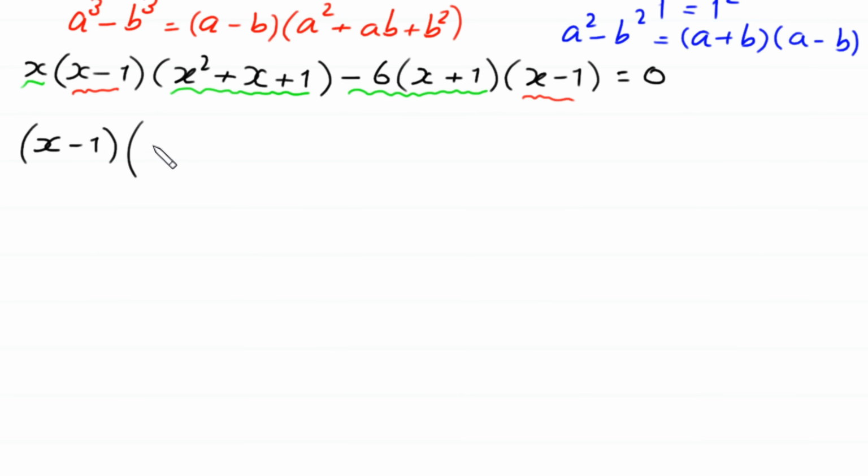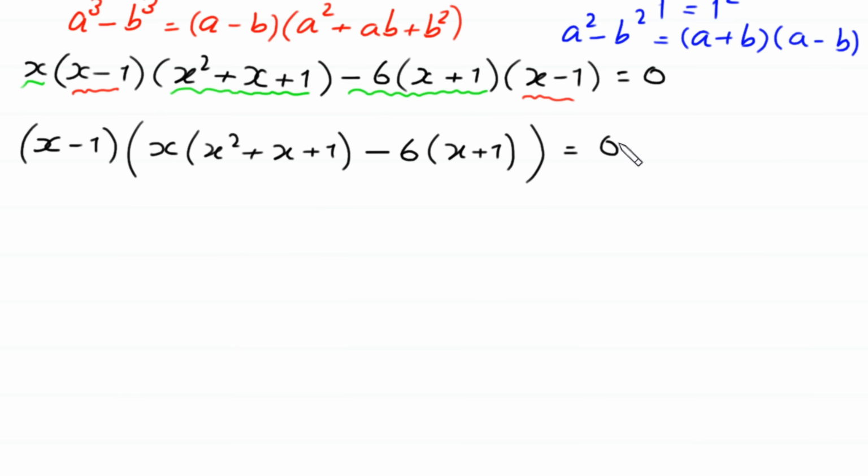In bracket, x times x squared plus x plus 1 and minus 6 times x plus 1 is equal to 0.